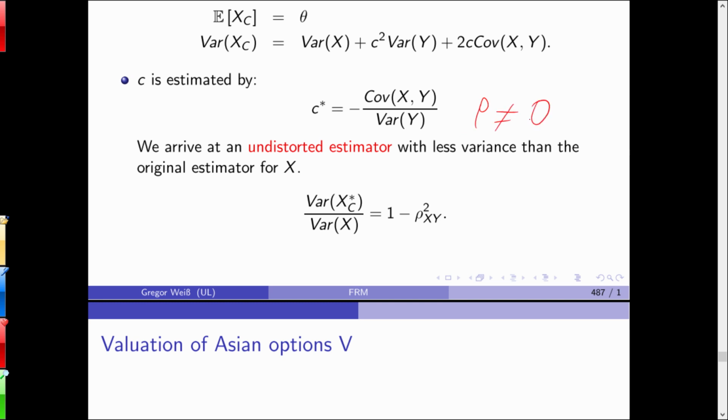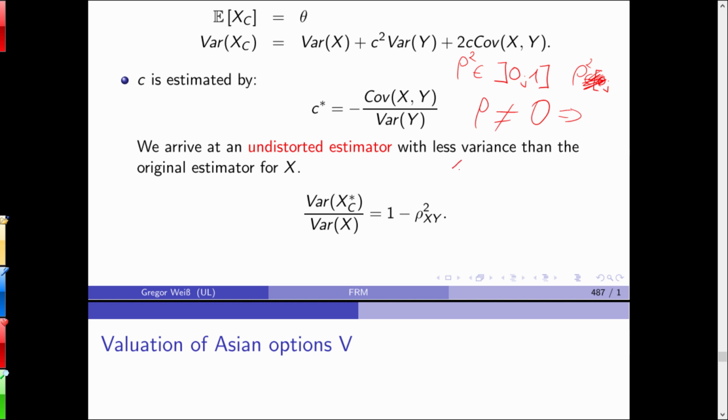So with rho unequal to 0, this means that rho squared is between 0 and 1.